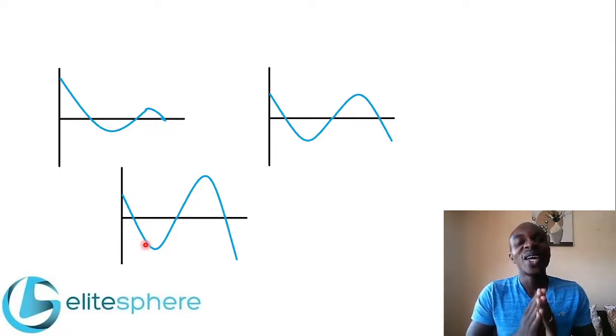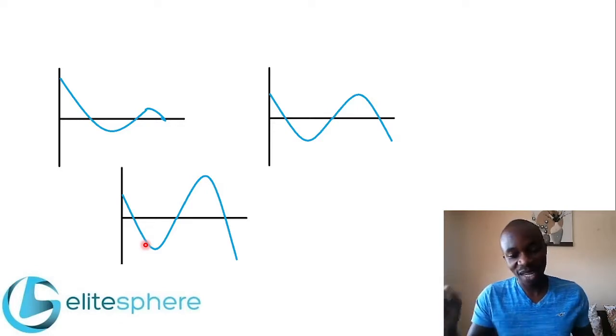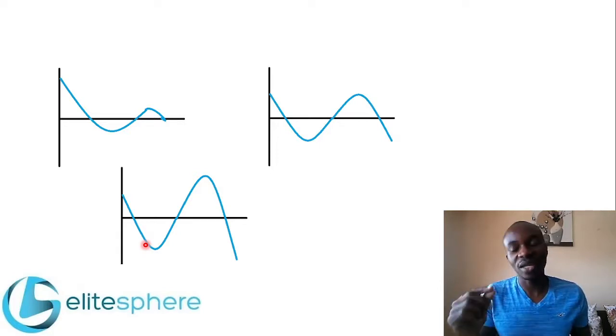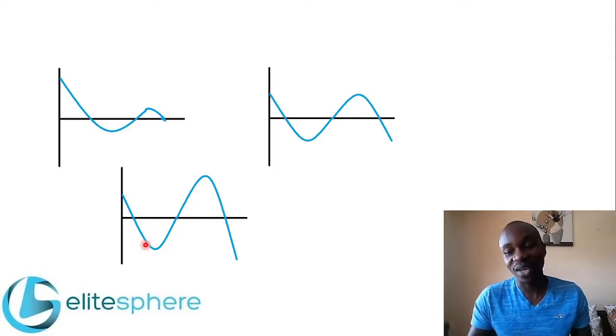But an aircraft can be statically stable without being dynamically stable. It's a little bit confusing, but that's how it's supposed to be. You can have an aircraft that is statically stable and not necessarily dynamically stable. But for an aircraft to be dynamically stable, it has to be statically stable.